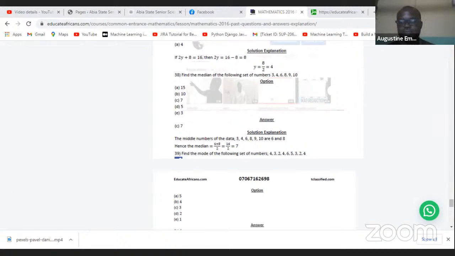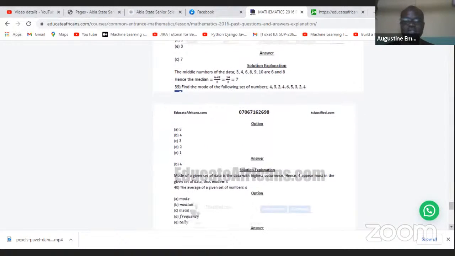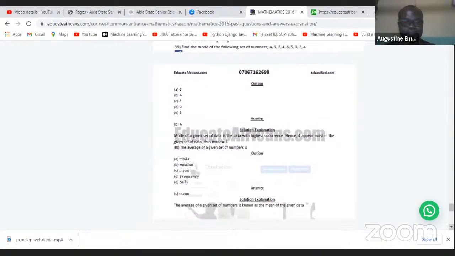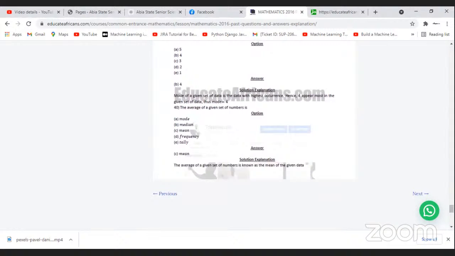Okay, let's move forward. The one that occurs more times, that's the mode. The one that is in the middle, that's the median, whereas the average is the mean. Mona, do you understand these statistical terms? Yes, sir. So there are 3 statistical terms.